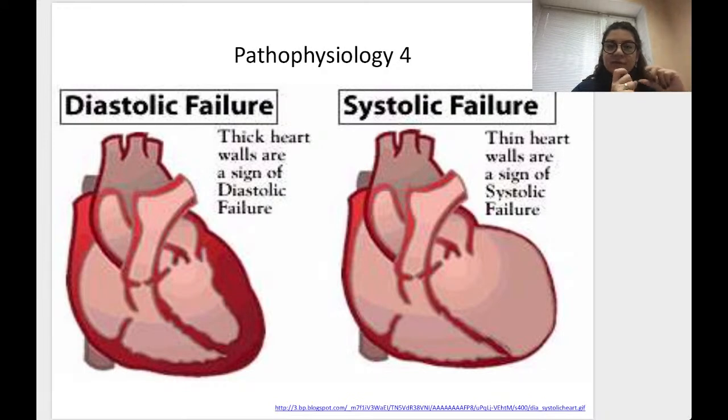For systolic heart failure, most often the chambers are dilated, the myocardium becomes thin, the chambers become bigger, and this thin myocardium is too weak to push enough blood during contraction. That's why it leads to abnormal systole.